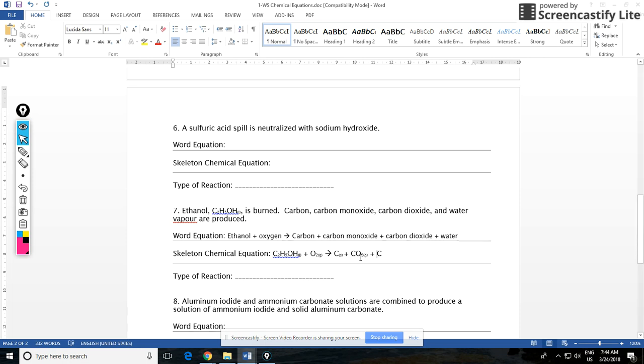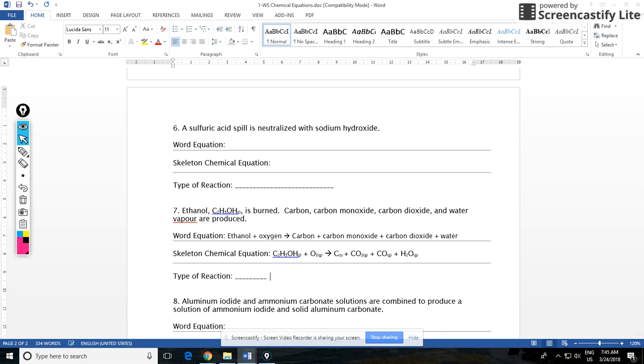So I put carbon dioxide first, and then CO. The order doesn't matter as long as you put them in with their proper formulas. And then we finally have our water that's produced.